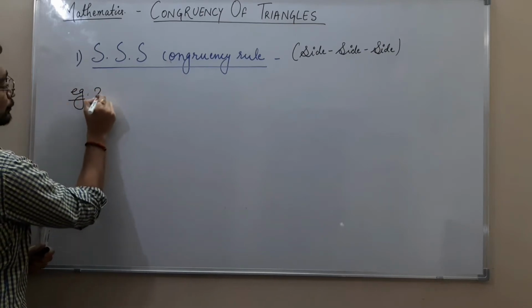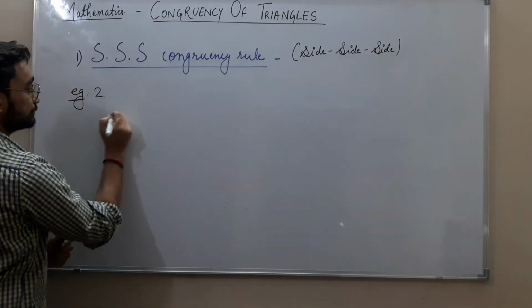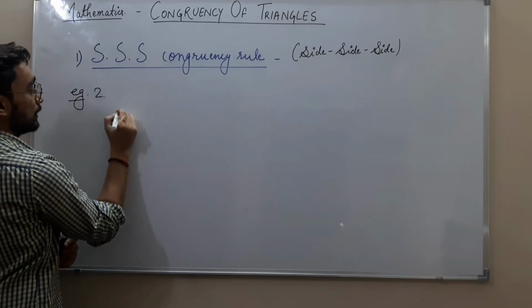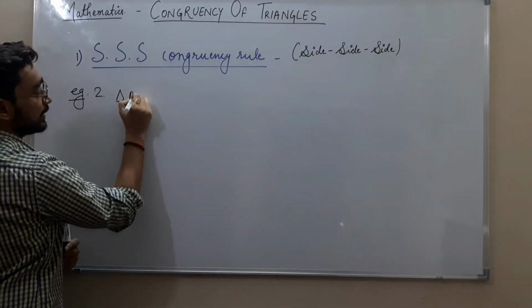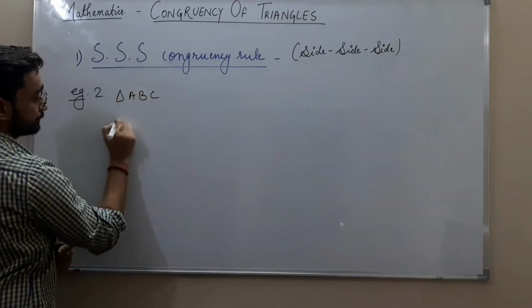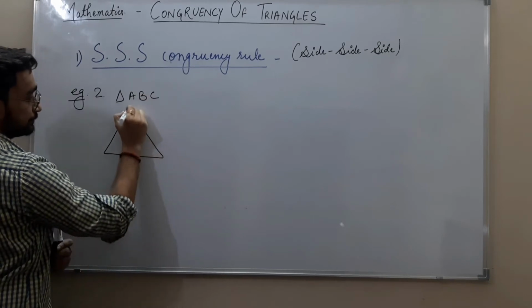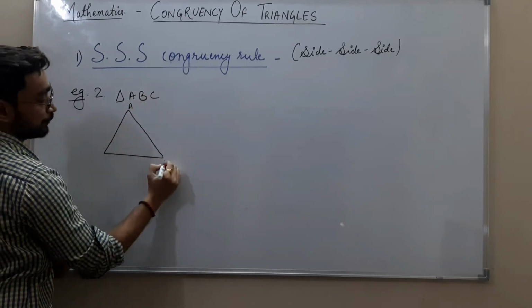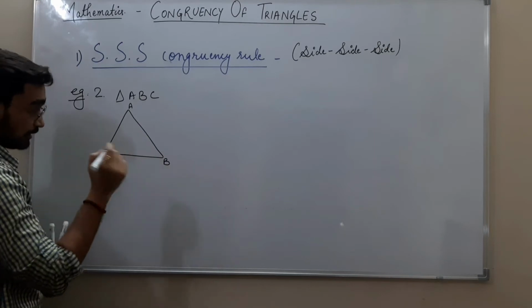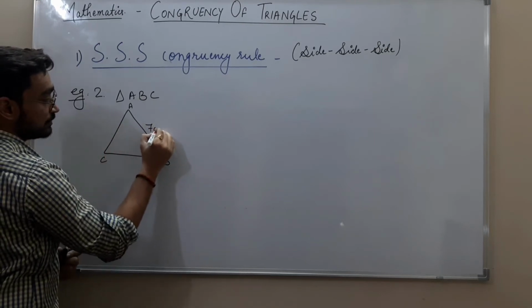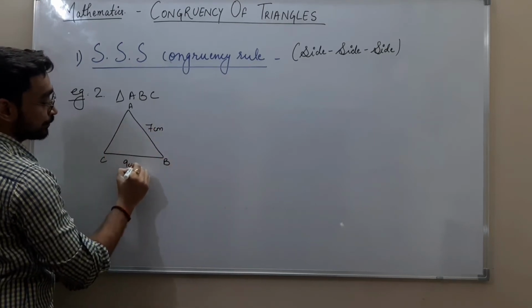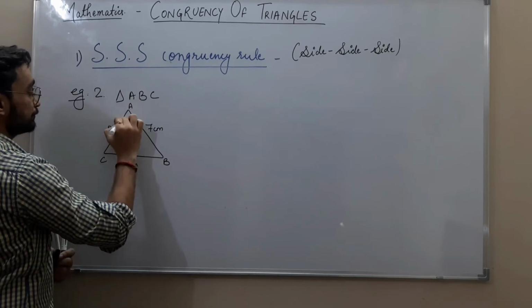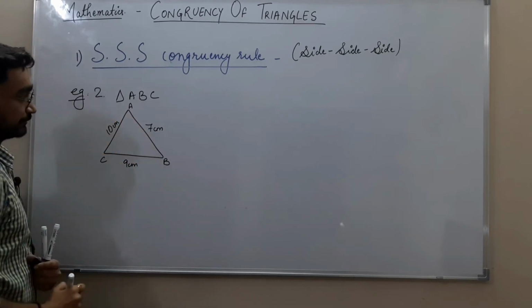Example number 2. Triangle ABC has sides 7 centimeter, 9 centimeter, 10 centimeter.